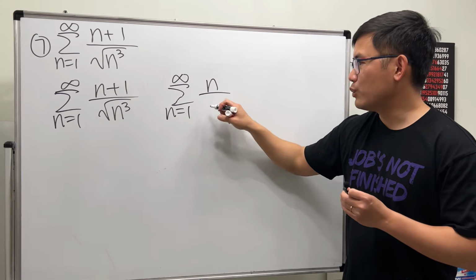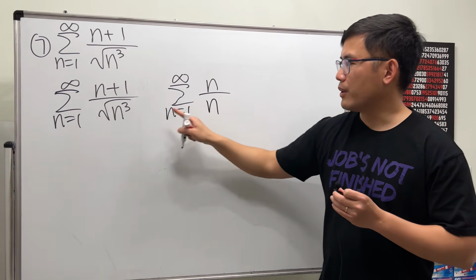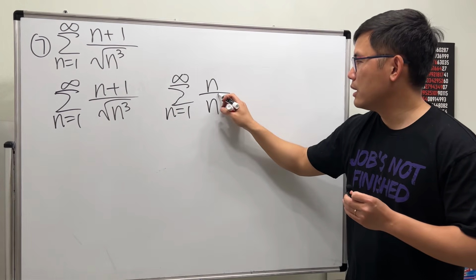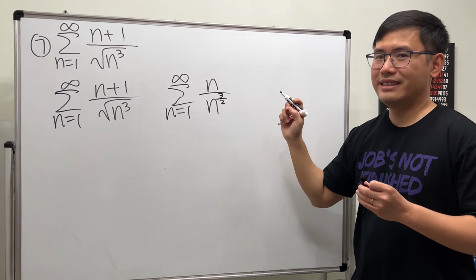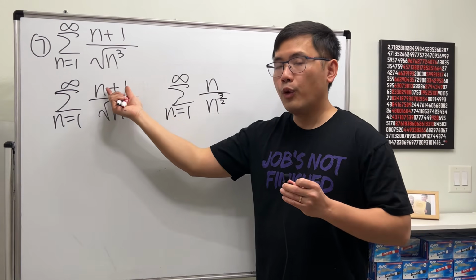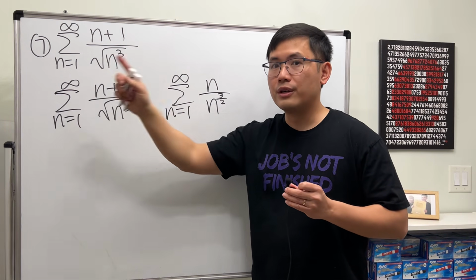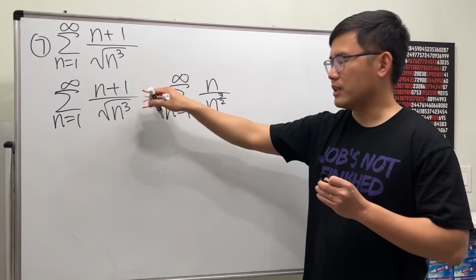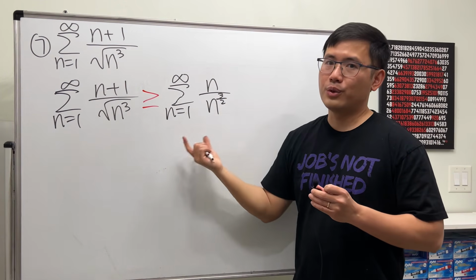Let's write it as 1/2 power already. So it will be n to the 3 over 2 power, like this. Now, this time we are removing a 1 on the numerator. So this right here will actually be bigger, and again put on equal to, than this one right here.